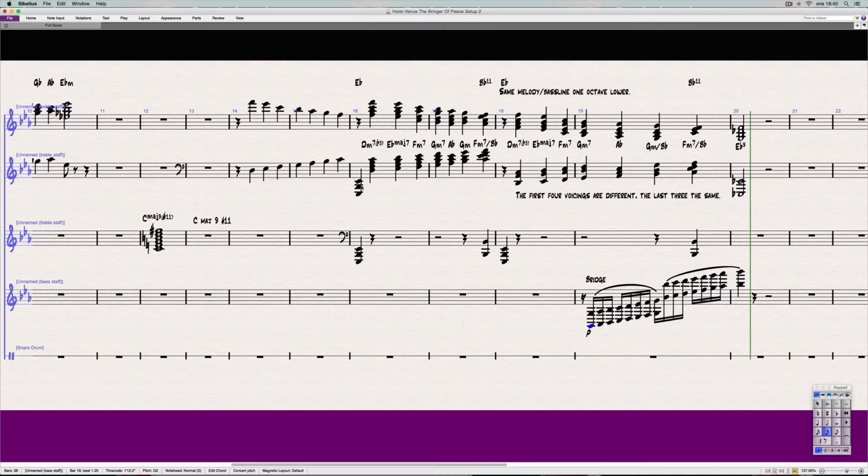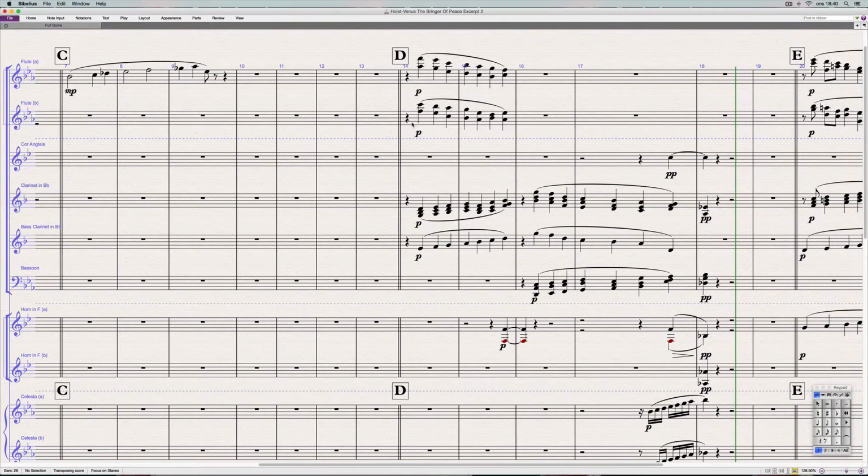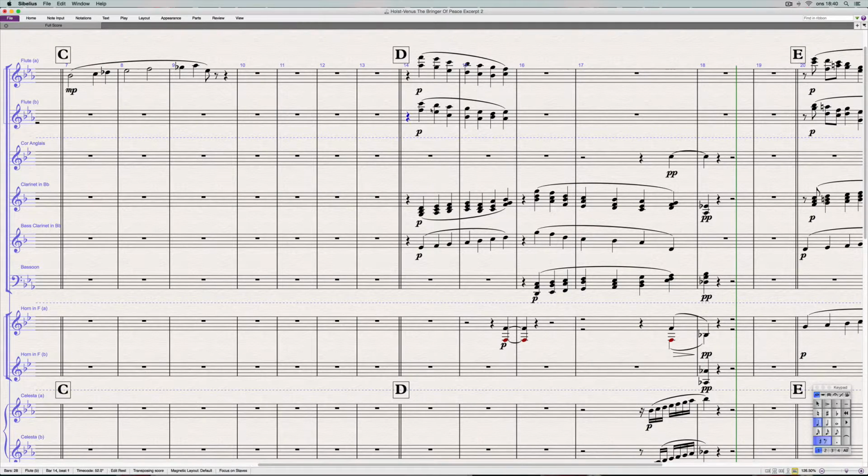So let's just go over the orchestration again for it. And nothing really strange here. So we can listen to it again. Okay, so even more here when you have three bassoons playing this low, growly, sinister part.